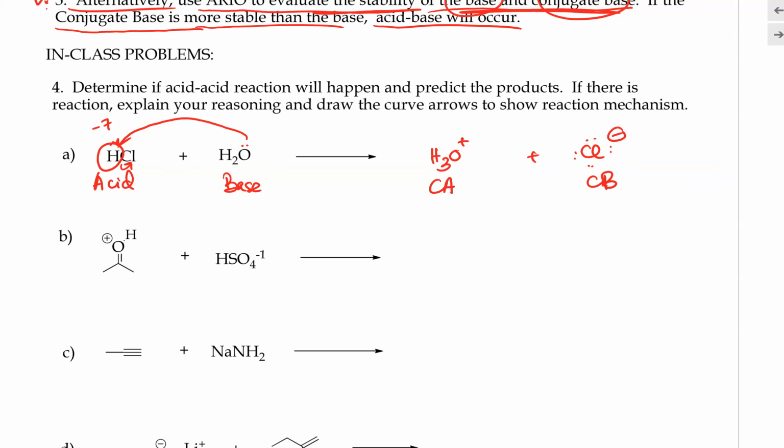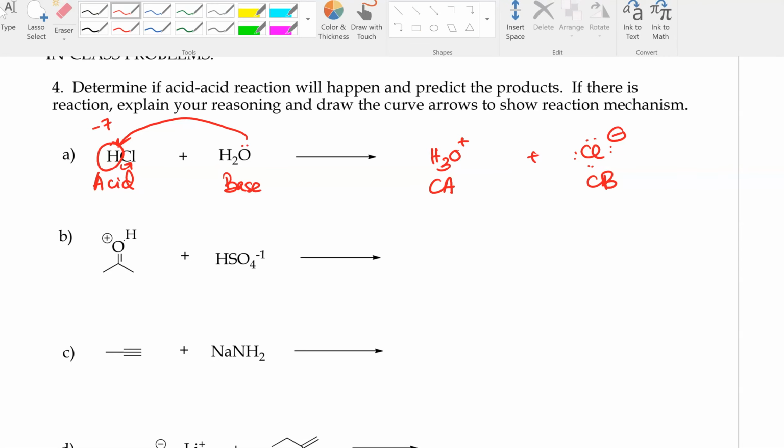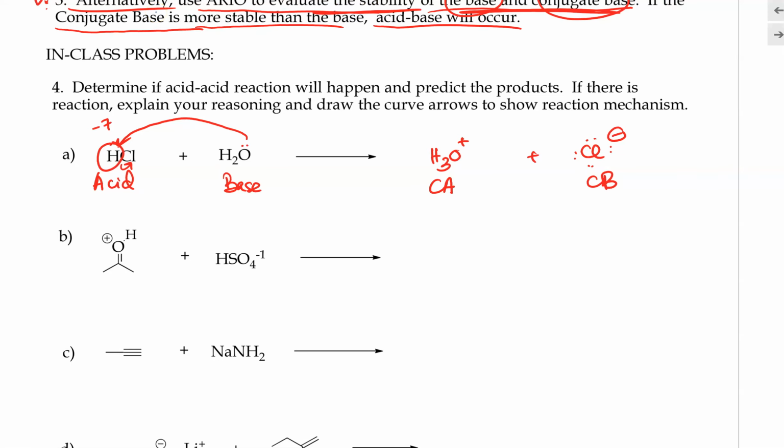And now let's first try using ARIO to determine whether this reaction would proceed or not. When we use ARIO, we'll be comparing the stability of the base and the conjugate base. So in this case, we have water and chloride. Which of these would be more stable?